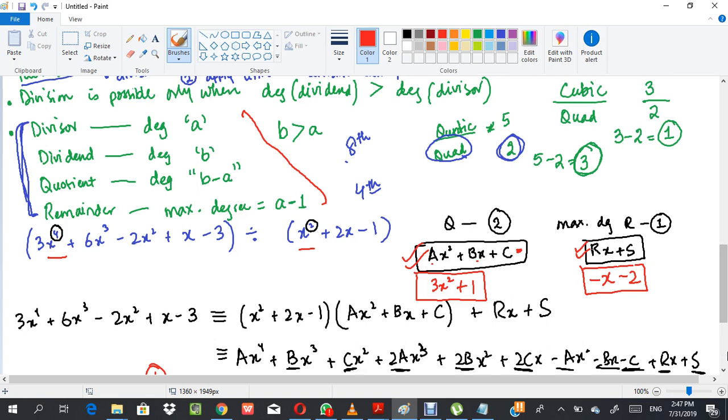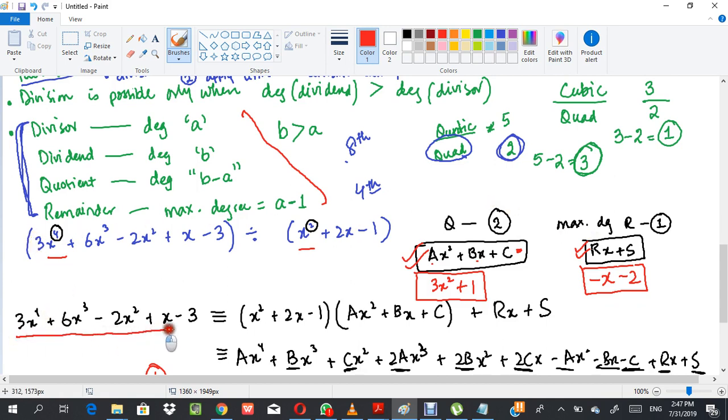Right. Now, once we have made the general expressions, we will apply the universal division identity. That is, dividend is identical to the divisor times the quotient add remainder. Which is exactly what we did here.